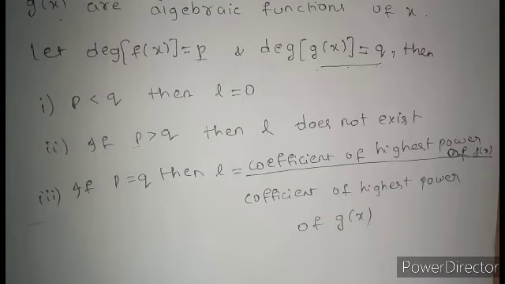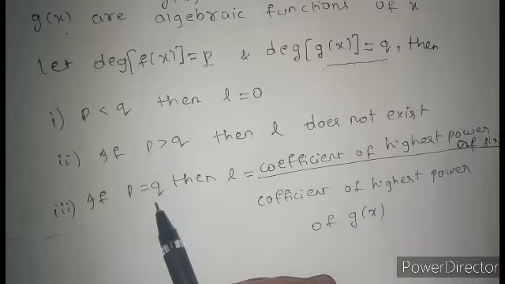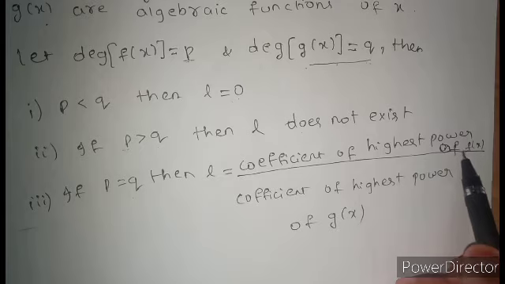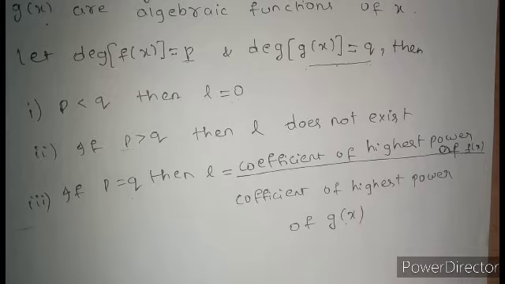So what is the first condition? If the degree of f of x is less than the degree of g of x, then L is 0. If the degree of f of x is greater than the degree of g of x, then L doesn't exist. If the degree of f of x equals the degree of g of x, then the value of L is the coefficient of the highest power of f of x divided by the coefficient of the highest power of g of x, okay?